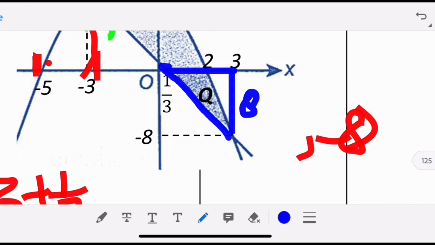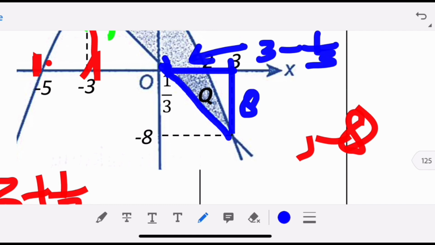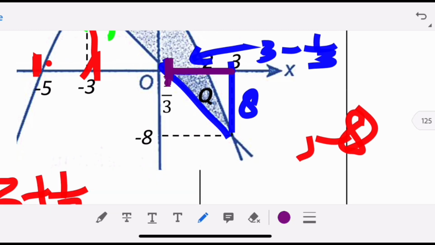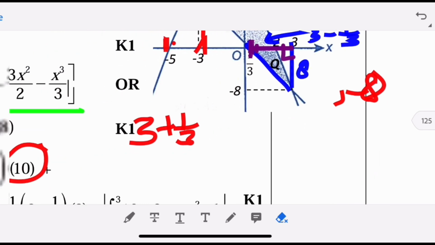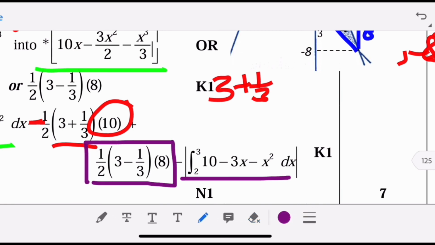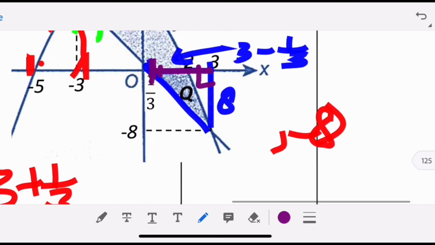This is 8, this is 3, and this part is 3 minus 1/3, right? Why? Because the base until here is 1/3. We want this base, right? And then this is the height, right? So now we want to find the area of the triangle first, which is this one. This is the area, and then minus the area under the curve, which is this portion.